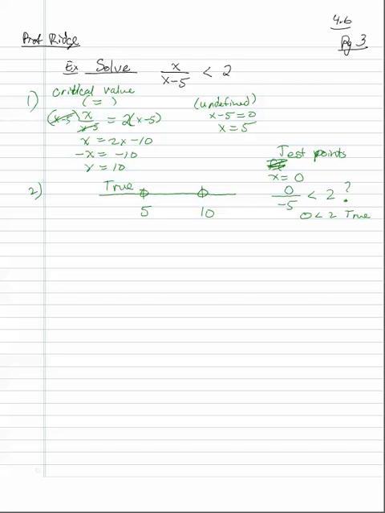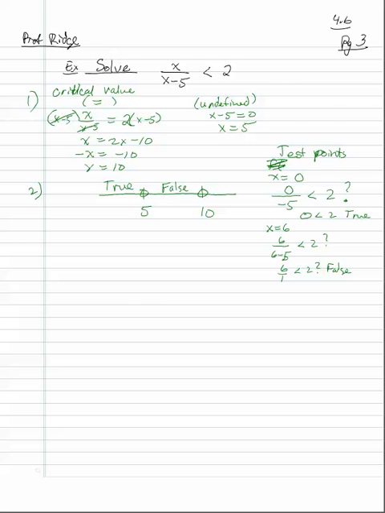Then we pick something between 5 and 10. Say 6. So x equals 6. 6 over 6 minus 5, is that less than 2? So 6 over 1 is less than 2. False. So normally, this is all scratch work. I'll just pick a number.